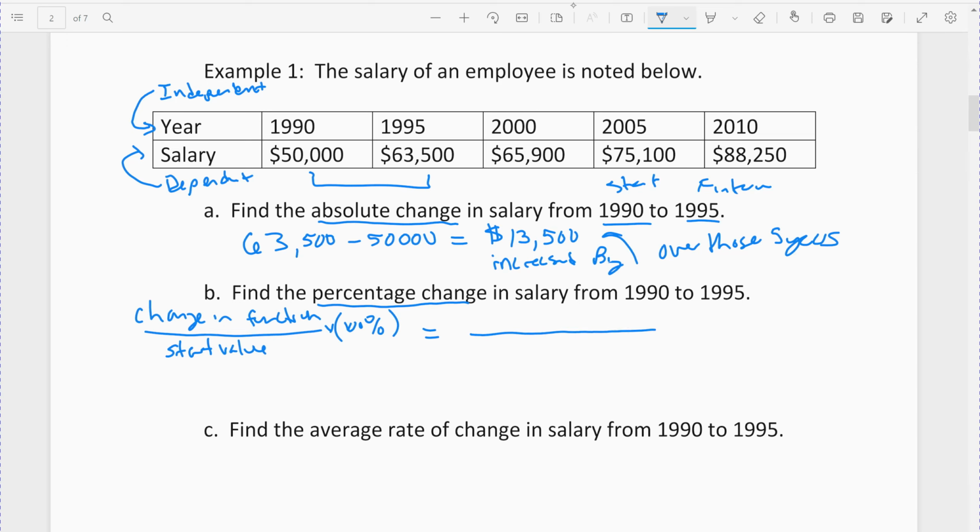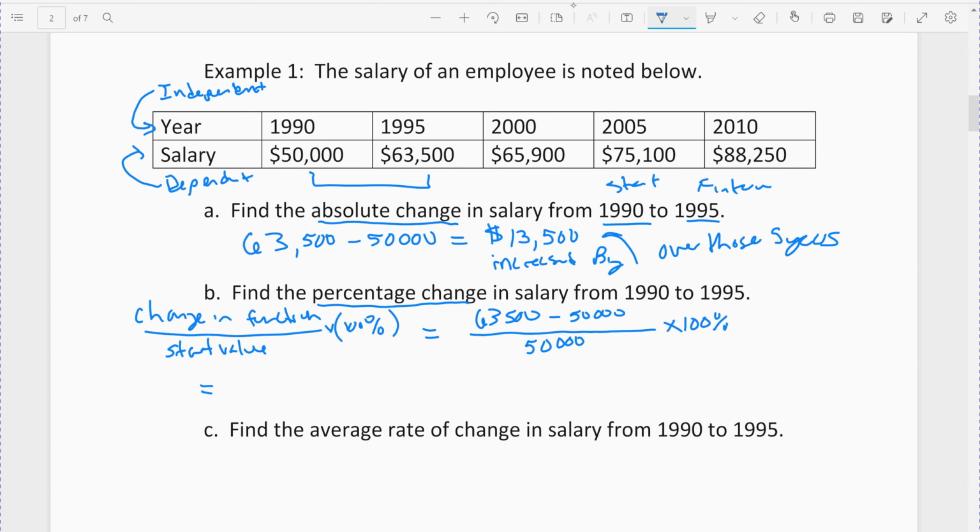We do know the change here, but I'm going to write it all out. From 1990 to 95, the change would be 63,500 minus our 50,000, and we divide by the starting value, 50,000, because it's a percent change from where I started. How much did my value change from the 50,000 I started at? Then we multiply by 100% to put it into percent.